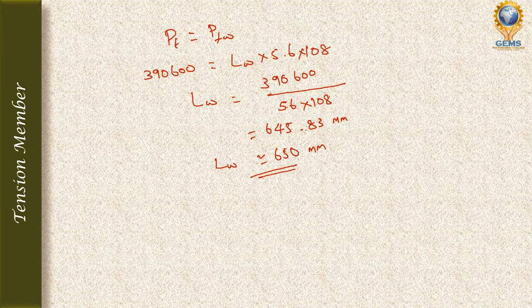But in the diagram, it shows LW1 is greater than LW2. So we cannot divide it equally. We have to find LW1 and LW2 separately. So LW is equal to LW1 plus LW2, so LW1 plus LW2 is equal to 650 mm.